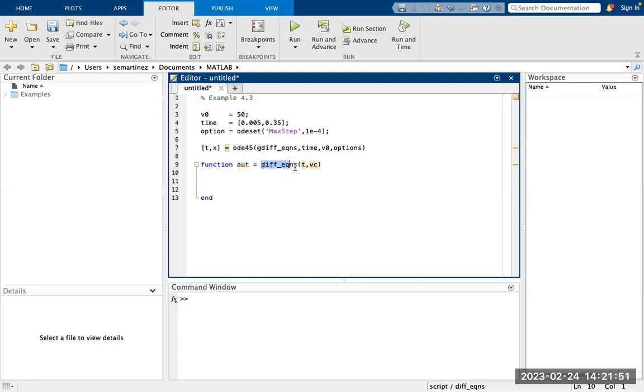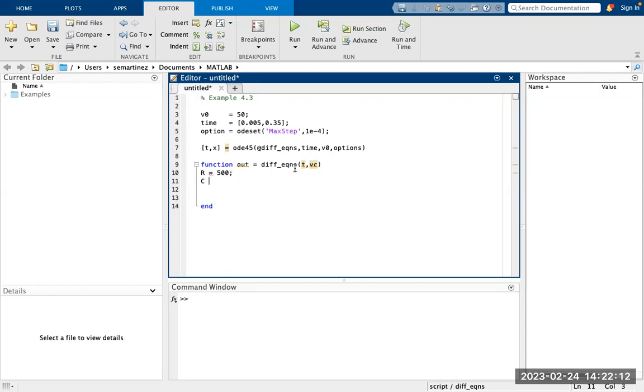So again, this function should output the differential equation, right? So we're going to have some parameters. R is going to be 500 ohms.